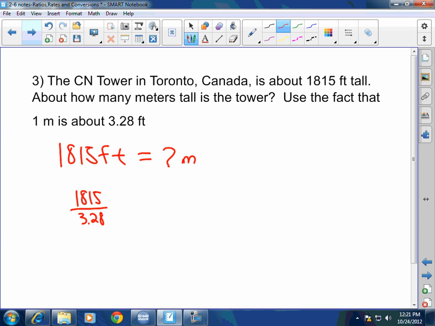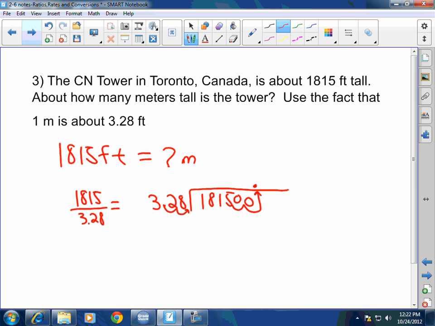Okay? And I'm going to cheat because I already have a degree and I can. And I'm going to use a calculator for time's sake. So you would divide 1815 divided by 3.28. The setup would be 3.28 on the outside, 1815 on the inside, 1, 2 to the right, 1, 2 to the right. Okay, and then you can go from there.